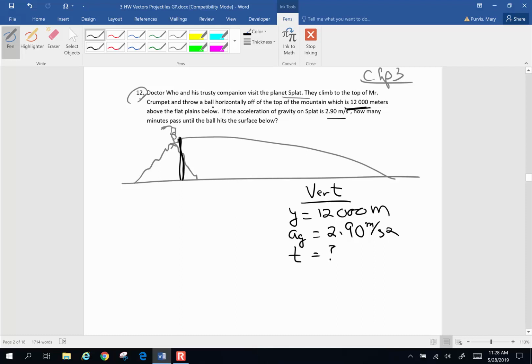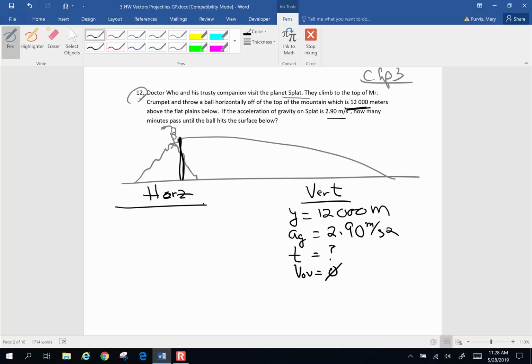Now, if he throws the ball horizontally, we know the original vertical velocity is going to be 0. Horizontally, what do we know? Well, we don't know diddly.